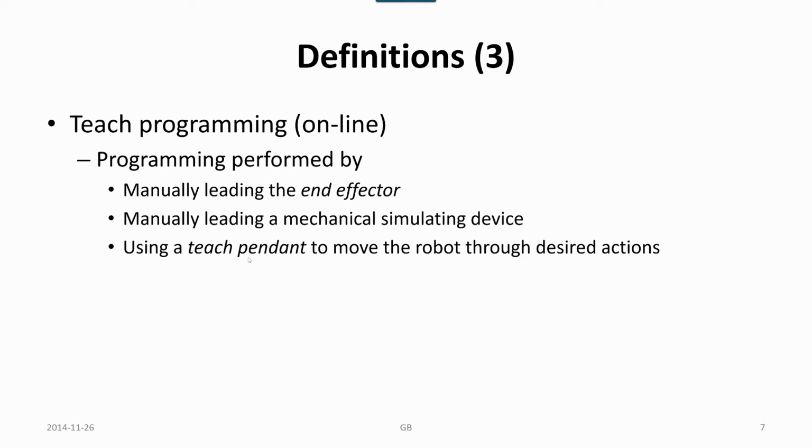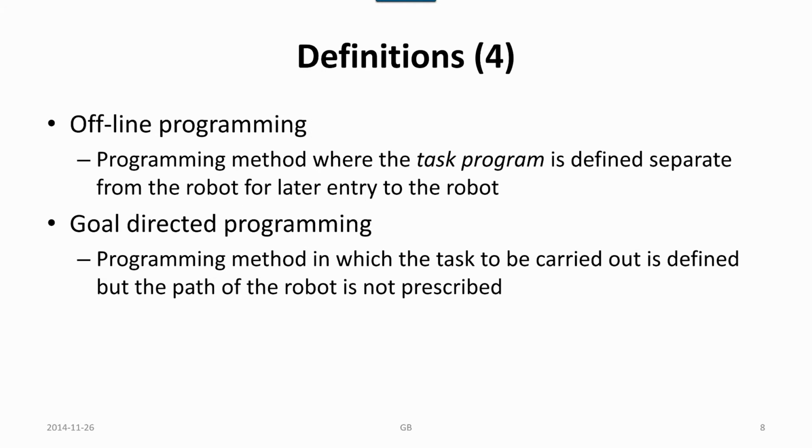So that could be a combination of these kinds of things. And offline programming is the programming method where the task program is defined separate from the robot for later entry to the robot. This is usually where simulation systems come into play.